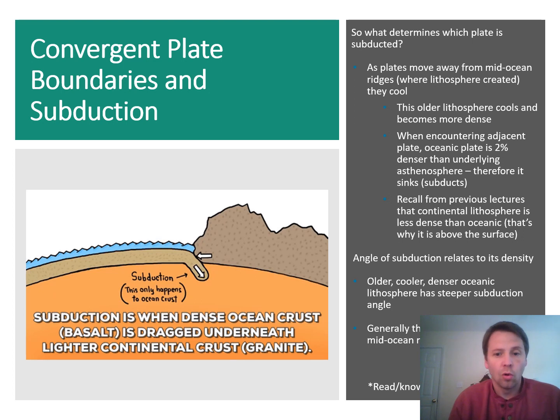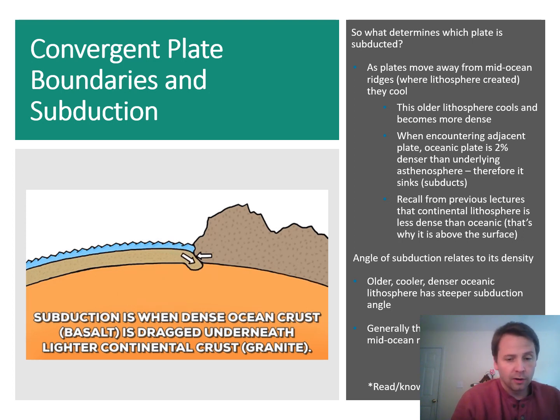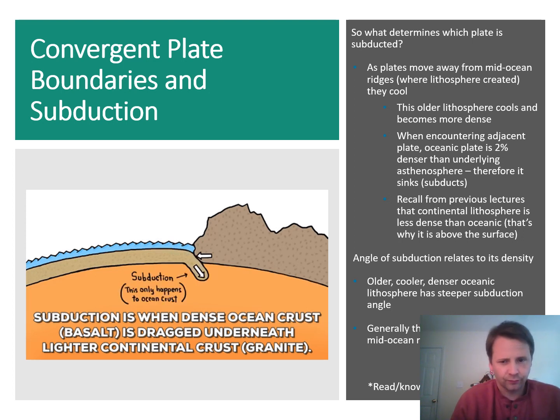And so the longer this process takes before it hits an actual subduction zone, this land moves further and further away. When it does that, it cools, because it's interacting with colder ocean water. When it cools, it becomes denser.